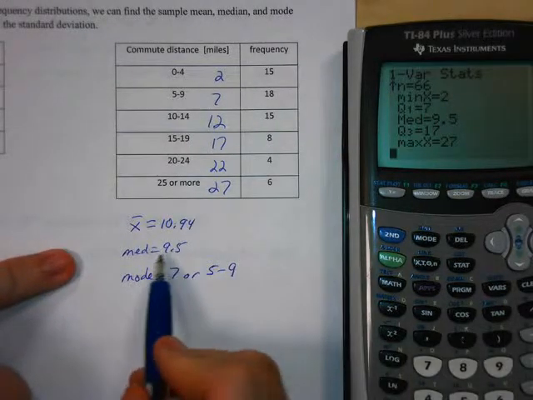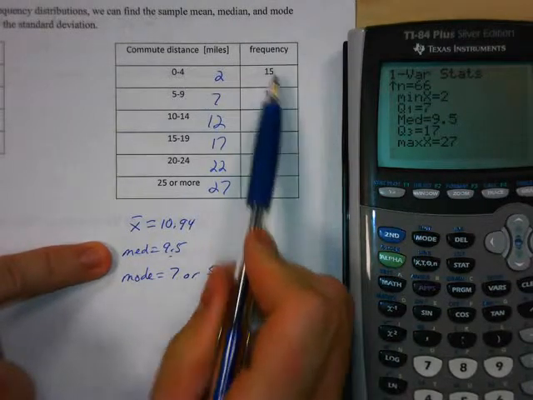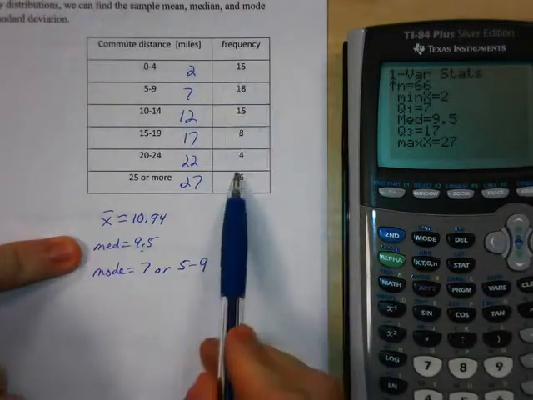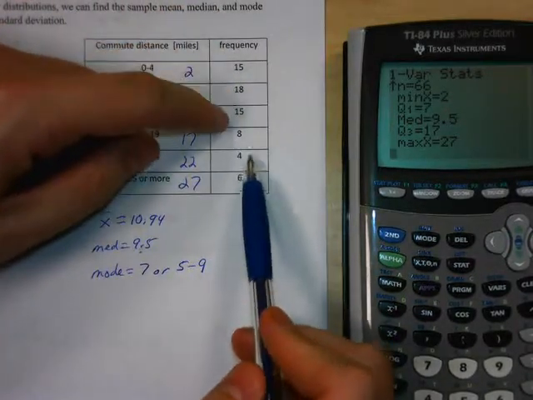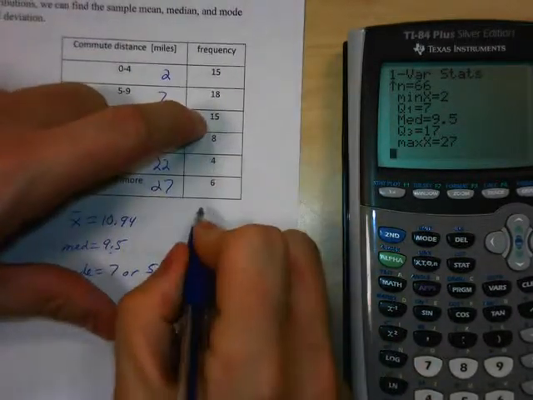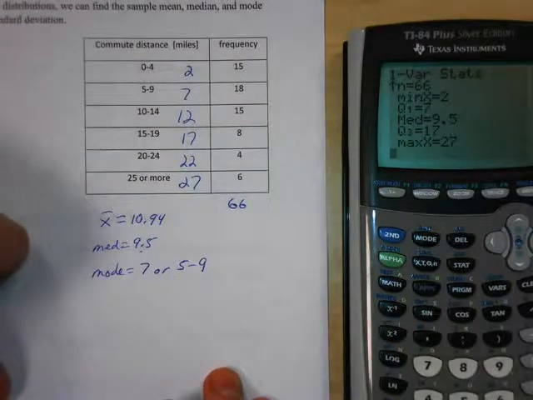Okay, now if we look at the median, the middle number, if you look at the number of data values we have, if you add up the frequency column, let's see, we have 30, 48, 58, 66. So there's 66 total data values.